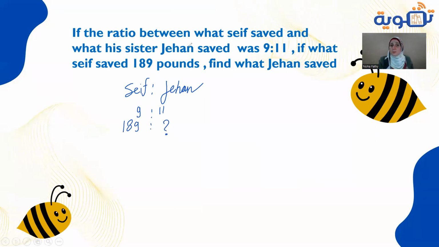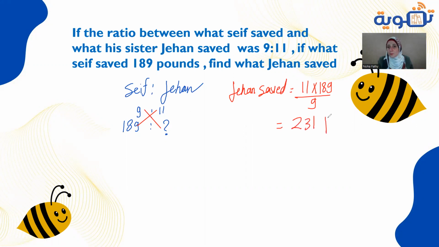Make cross multiplication to find what Jihan saved. So Jihan saved 11 times 189 divided by 9, and the result equals 231 pounds.